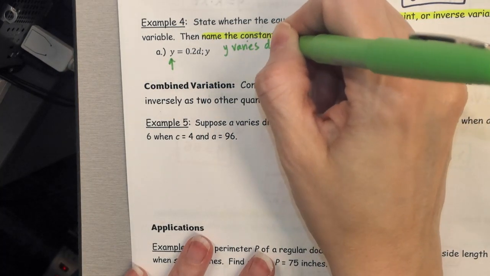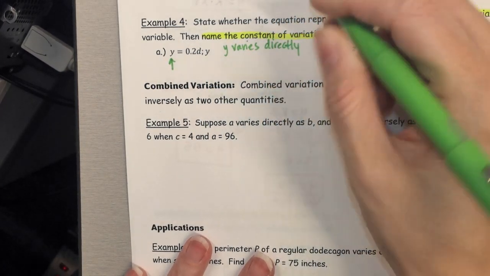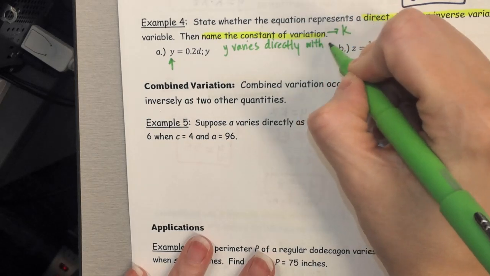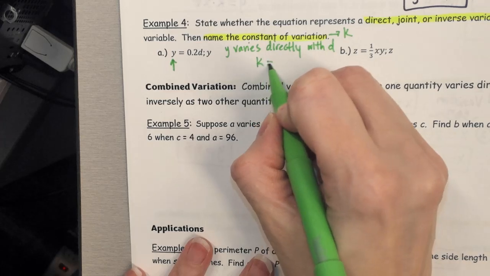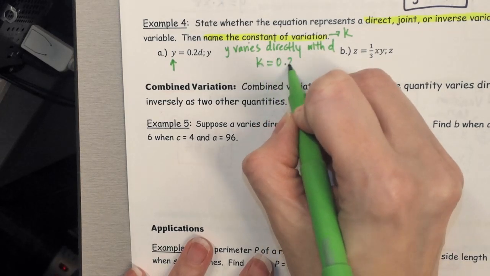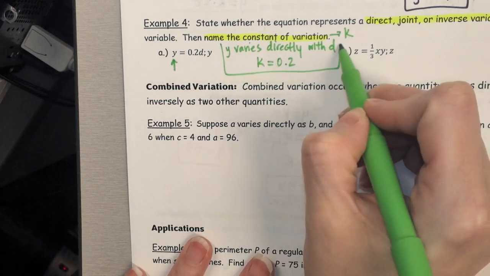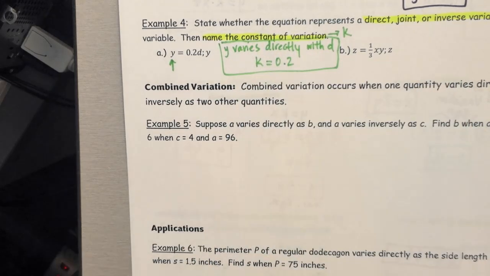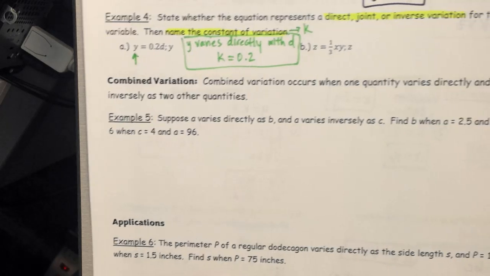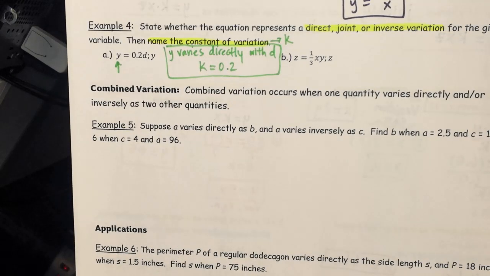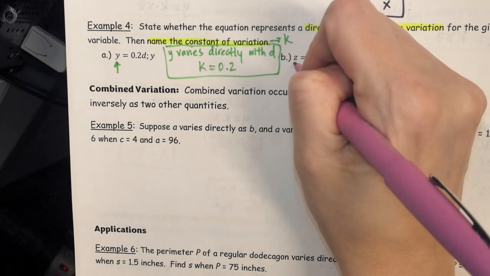So y varies directly with d, and then what's your k value? 0.2. Yeah. So this would be your solution. Okay, so this last variable is just what you are saying how it varies.